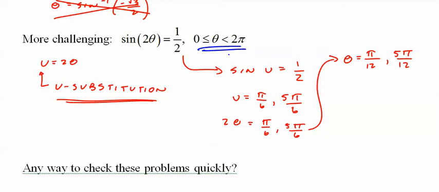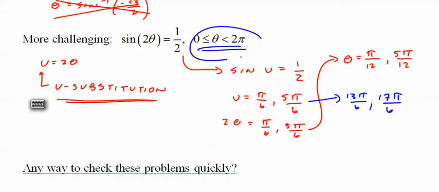For example, we could have also said 13 pi over 6, and 17 pi over 6. You'd say, whoa, you're outside the allowed spot.